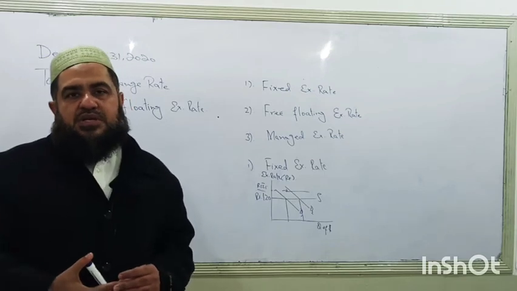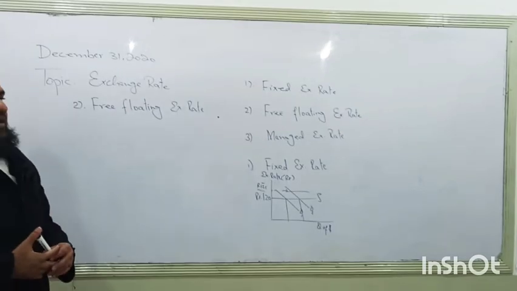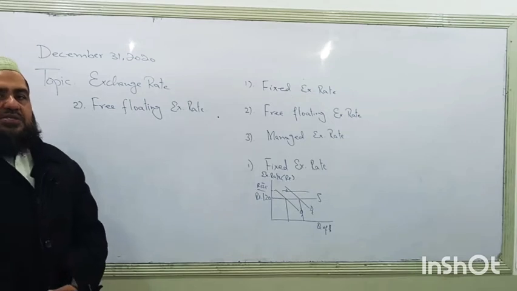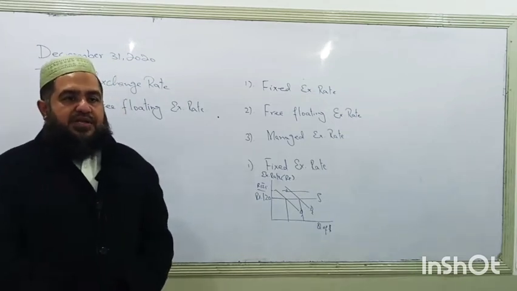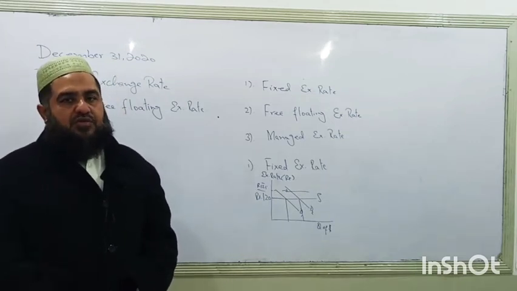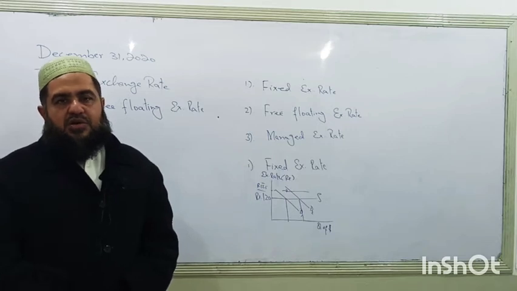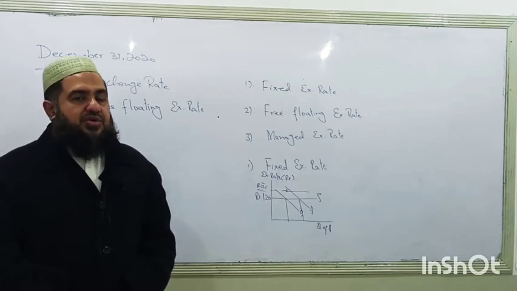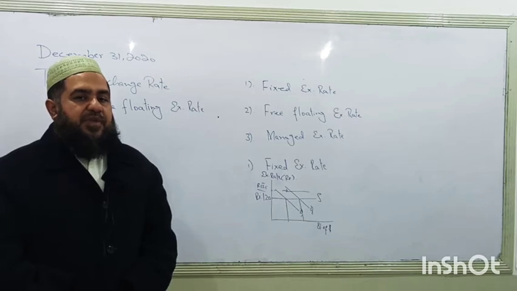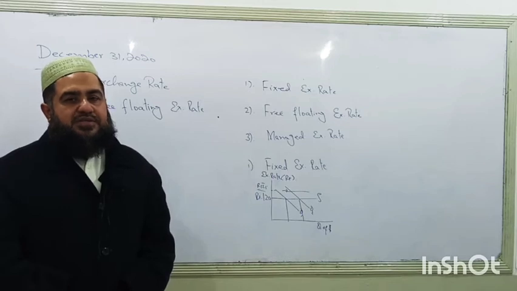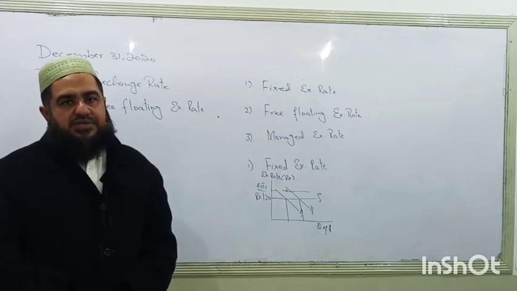There is no government intervention, as this phenomenon shows that the market is responsible for the determination of the value of foreign currency. It shows that this exchange rate will be adopted by free market economies. This is not adopted by planned economies, because here market forces are freely determining the value of foreign currency in terms of local currency.